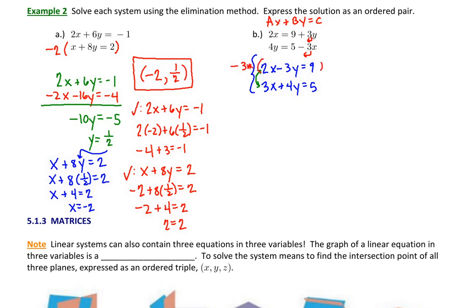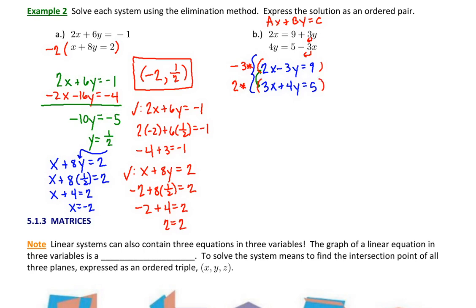I'm going to do that on both sides. Now think about what that will do for x. Multiplying 2x by negative 3 is going to give me a negative 6x term there. So I want to get a positive 6x term in the second equation. To get a positive 6x term, I'm going to have to multiply it by 2. But what I do to one term, I'm going to have to do to all of the terms.